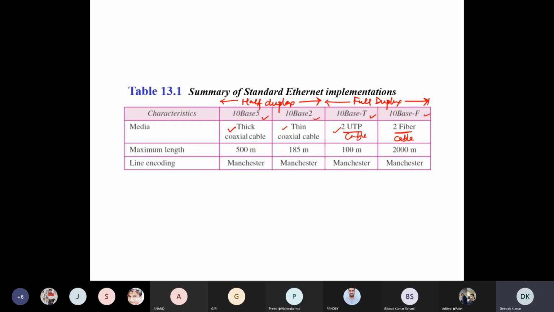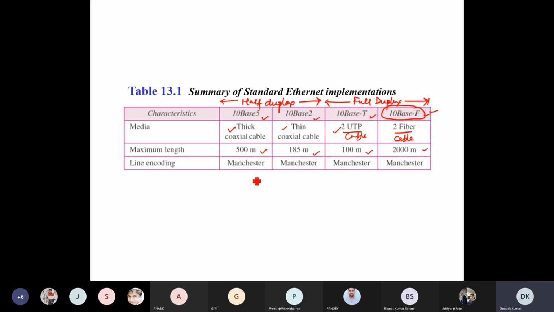So if you want to implement the full duplex method for any node in the network, you have to use 10Base-T or 10Base-F. The maximum length for 10Base5 is 500 meters, 10Base2 is approximately 200 meters, 10Base-T is about 100 meters, and the highest length that can be supported is by 10Base-F, that is optical fiber, about 2 kilometers.